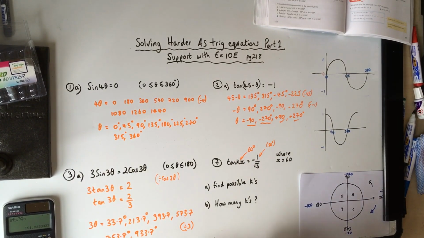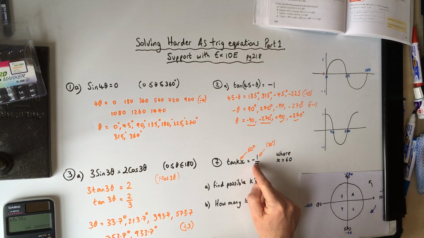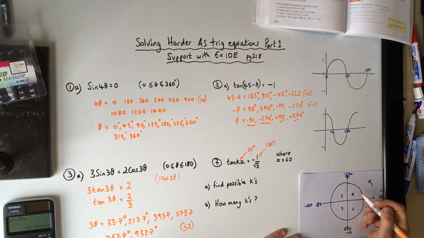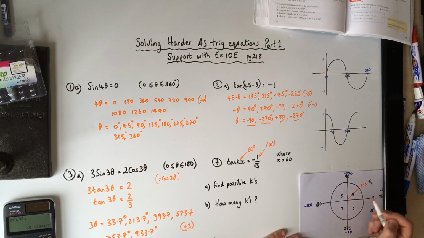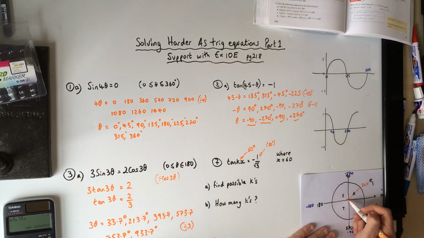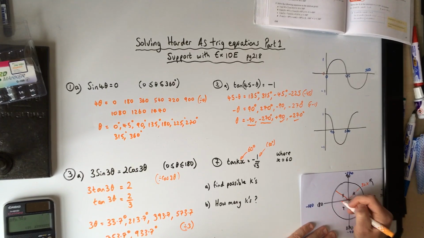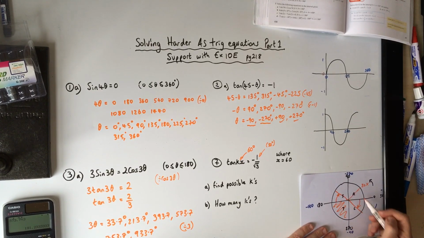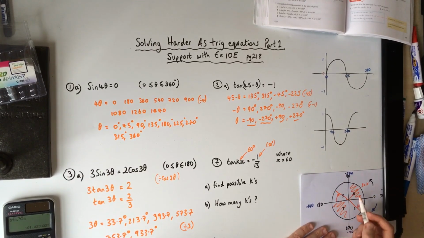But the fact that it's minus means that for tan it's not this one here, not the 30 degrees. We don't want that one. We want it in this region, or this region, don't we? 30 degrees into here, or 30 degrees into this region. Not the ones that are positive for tan, but the ones that are negative for tan.